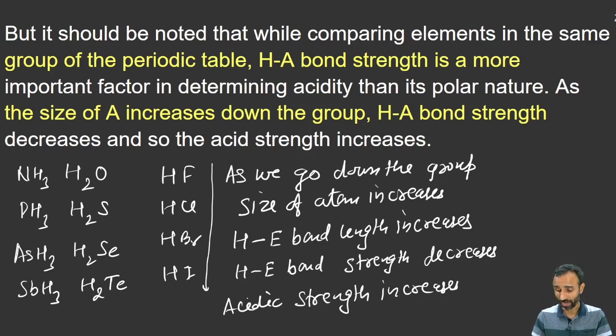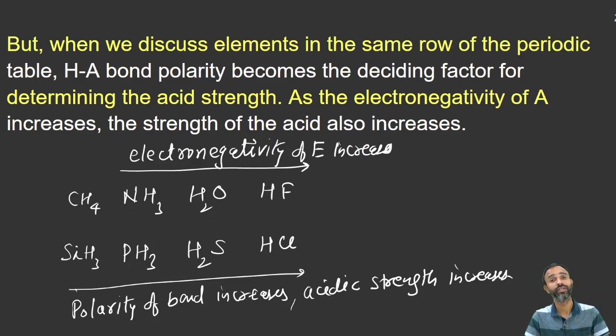Okay, and when we go along the period, size decreases, so hydrogen element bond length decreases. So bond strength increases, acidic strength should decrease.